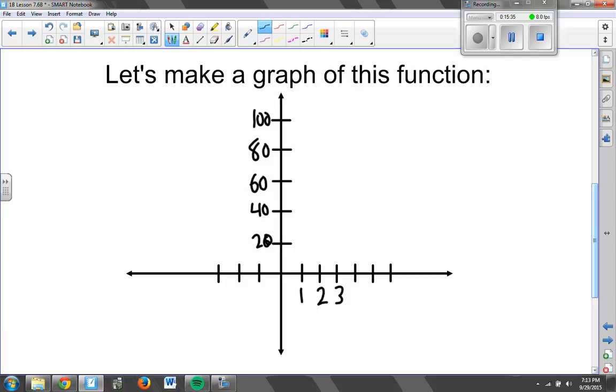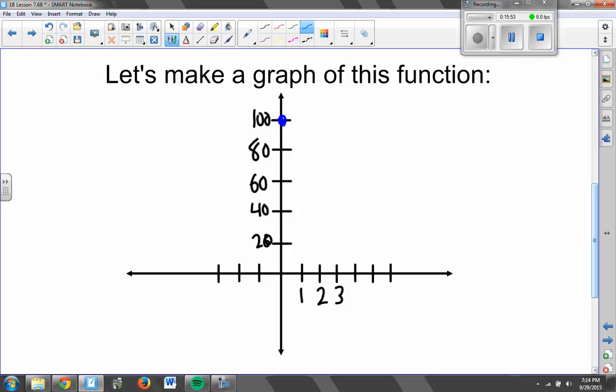My first point, when x equaled 0, which is right on my y-axis, my point was way up at 100. So that blue dot is x equals 0, y value equals 100.